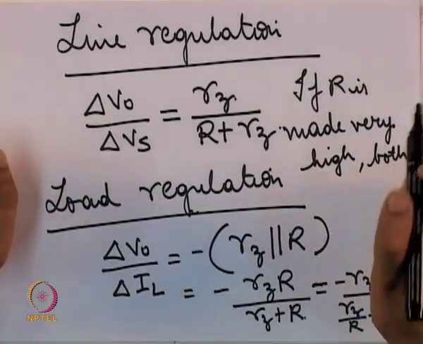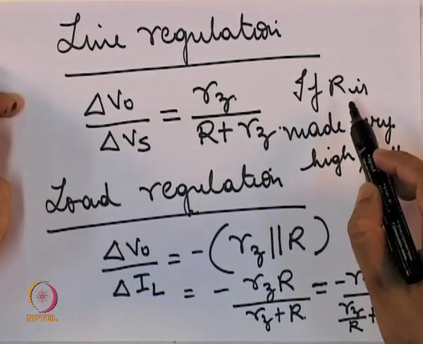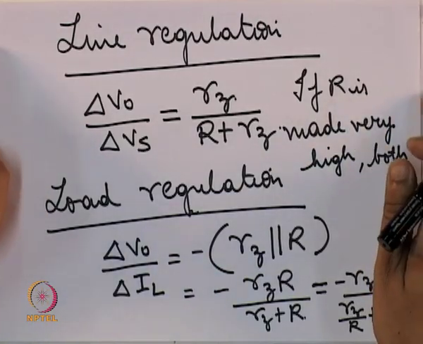Not quite. Ideally, we could have made this R equal to infinity, but then there is also the problem that we have to maintain a minimum current flowing through the Zener diode.